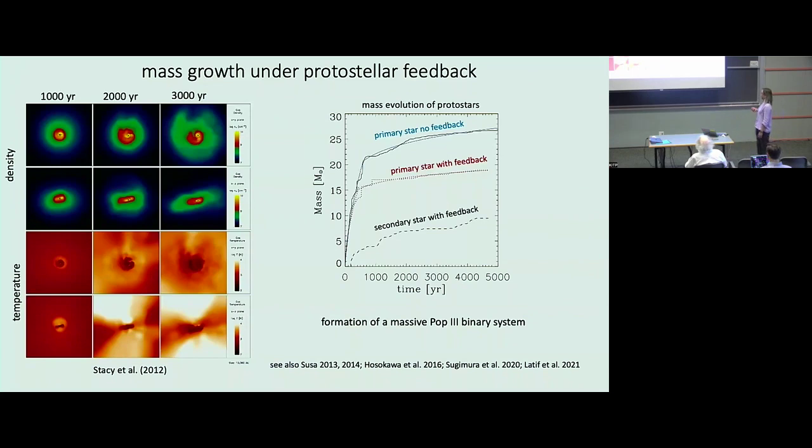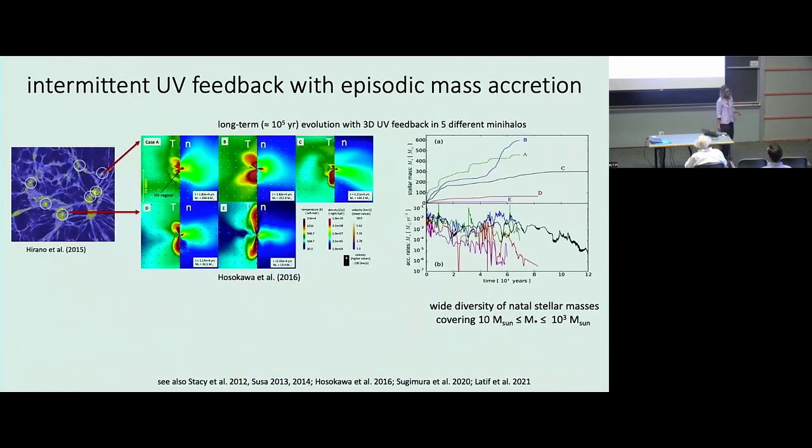And finally, Athena Stacy addressed the very important problem of understanding the interplay with radiative feedback from the growing protostar, and showed clearly that this was very important in order to reduce the final masses of this multiple stellar system, leading to the formation of massive Pop III binary stars. Now, again, this was one single example.